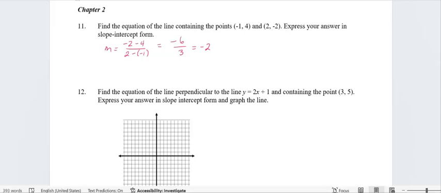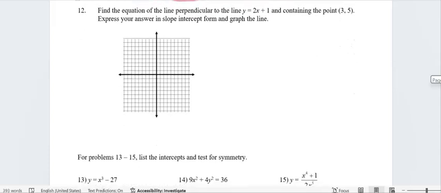And then just choose one of these to plug in for x and y. I'll just use this first point, y equals mx plus b, and then solve for b. So b is 2. So the answer to this one would be y equals -2x plus 2.